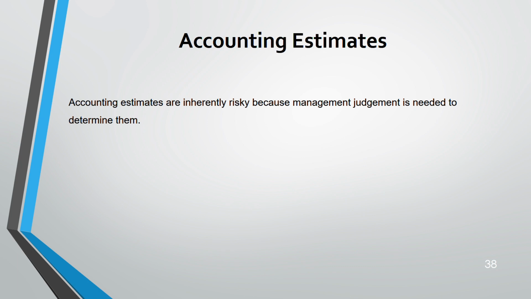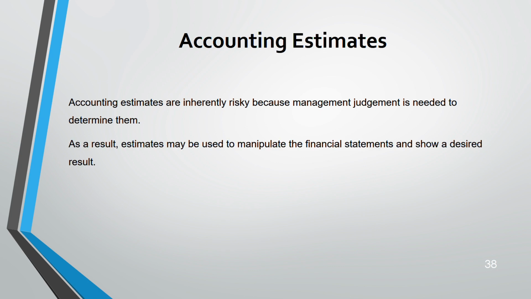So accounting estimates are risky. Remember this, they are inherently risky. That means no matter what control you put in, or before the control you put in, there will be risk. Why? They are judgment. You have to use judgment. It is subjective, and management judgment is used here. As a result, through estimates you can manipulate the financial statements.